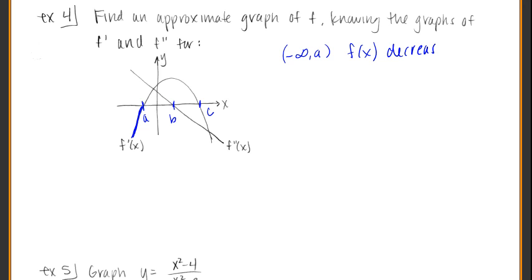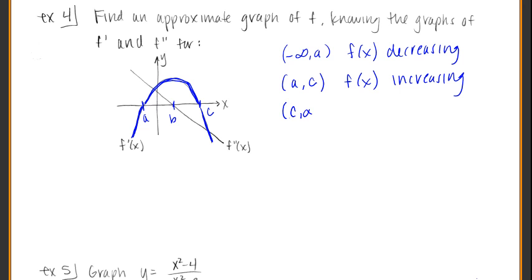Now from A all the way over to C, my first derivative is above the x-axis, so my original function should be increasing. Everything past C, from C to positive infinity, my first derivative is below the x-axis, so it is negative and I should be decreasing.